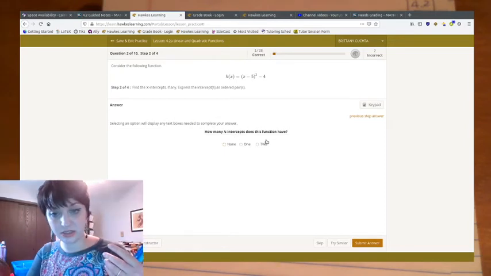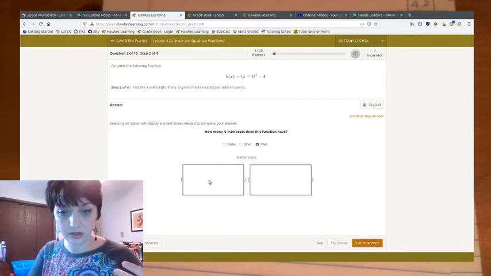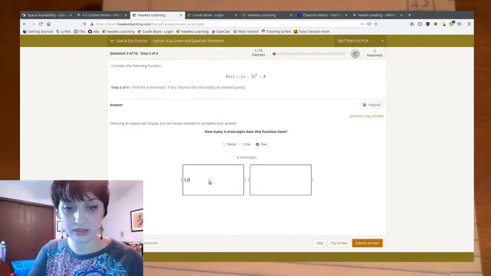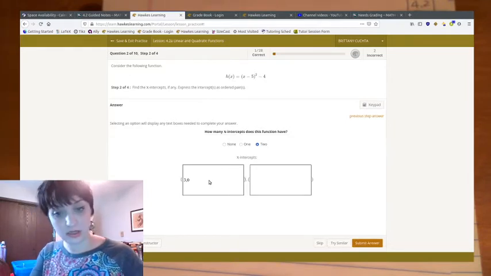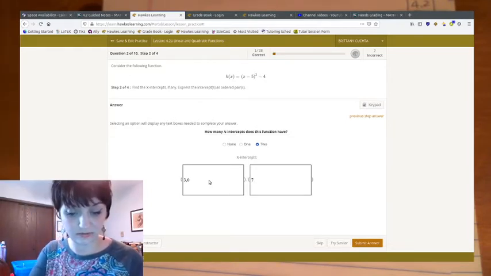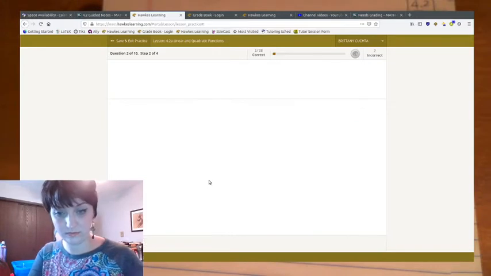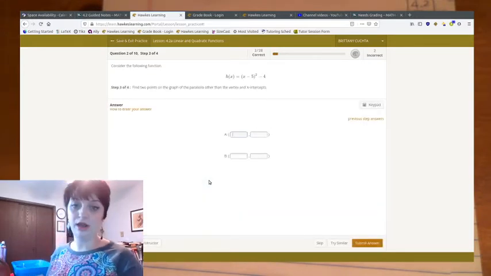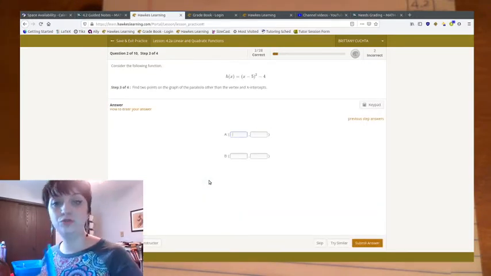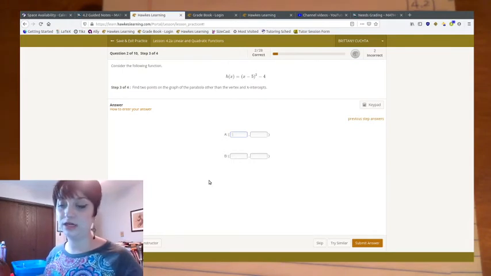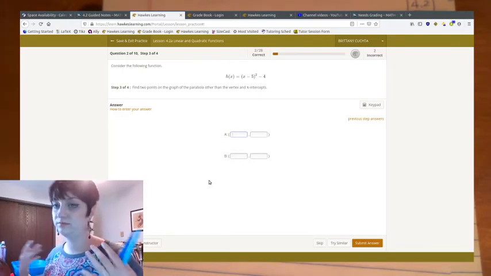How many x-intercepts? It has 2 of them. They were (3, 0) and (7, 0). Okay, so find 2 points other than the vertex and the x-intercepts.